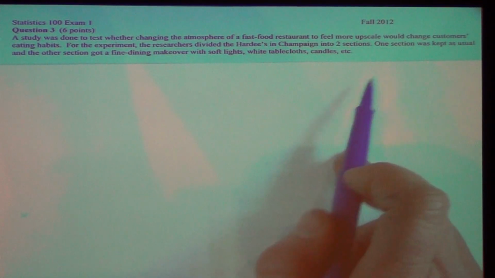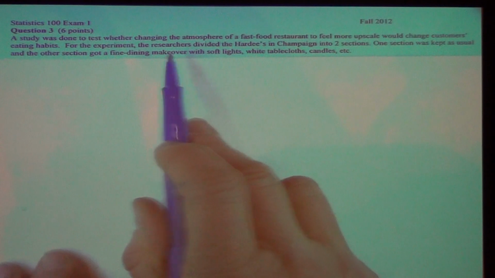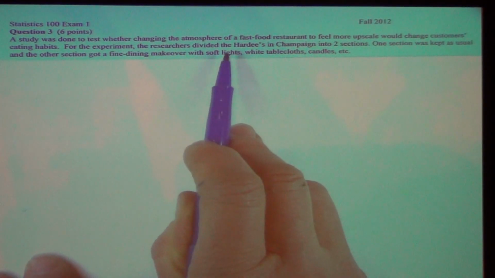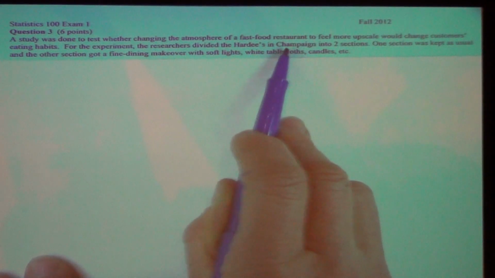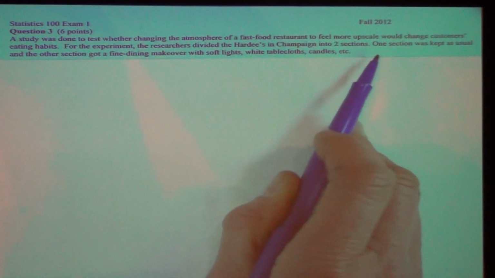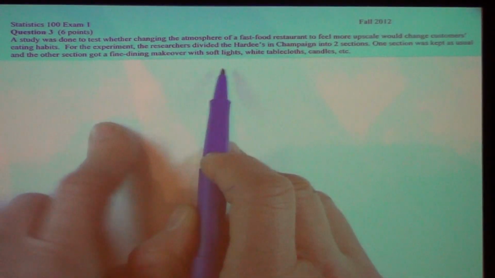I thought this was really interesting, and it happened in our town, in Champaign. For the experiment, the researchers divided the Hardee's in Champaign into two sections. This is true. One section was kept as usual, and the other section got a fine dining makeover.